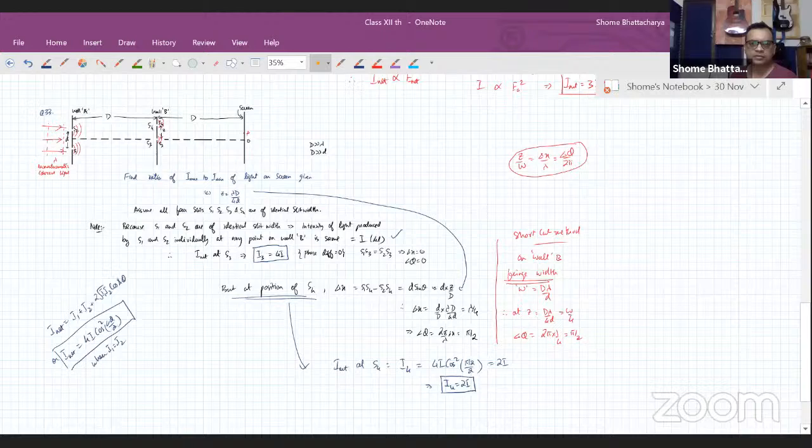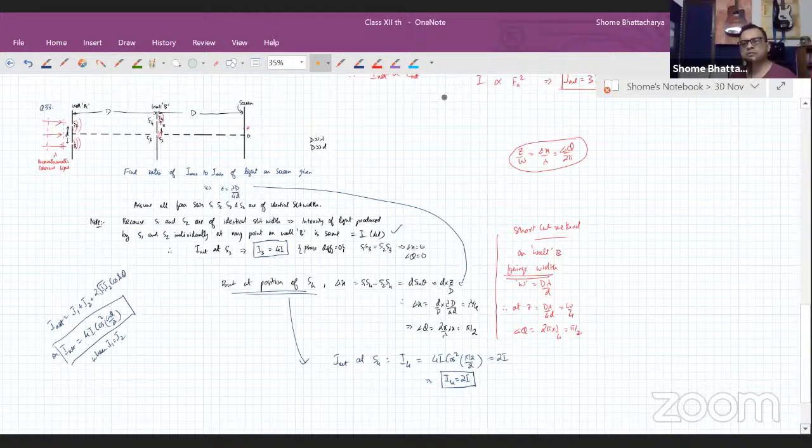that therefore the screen is illuminated by S3 and S4's interference pattern. Okay.